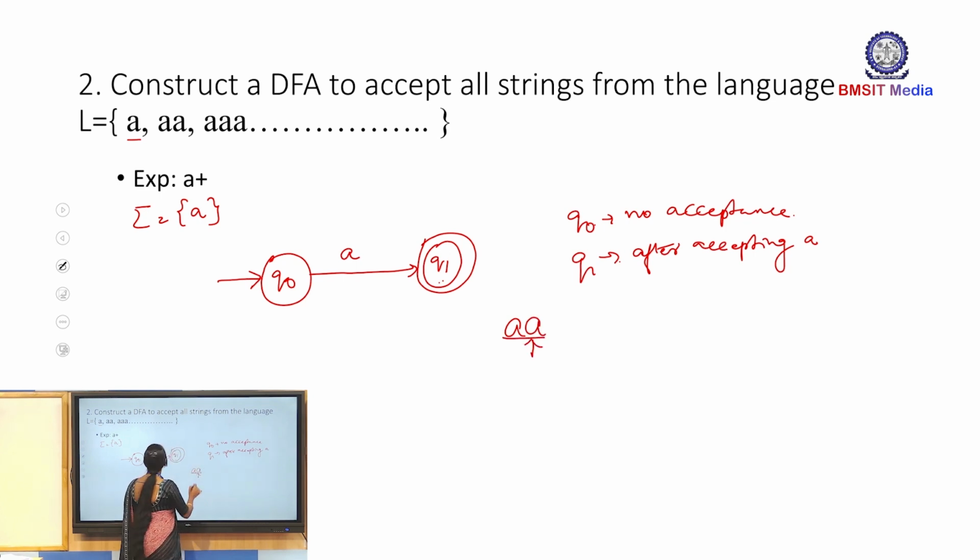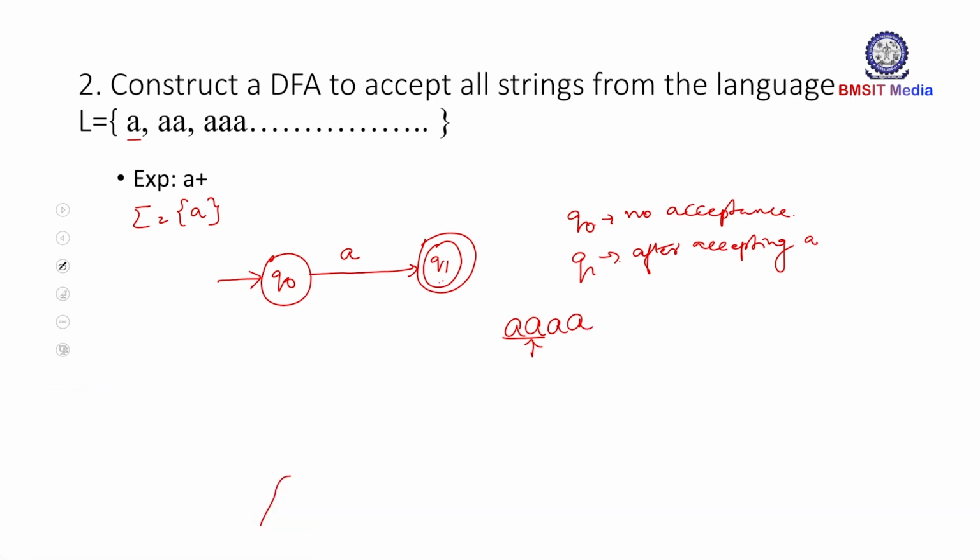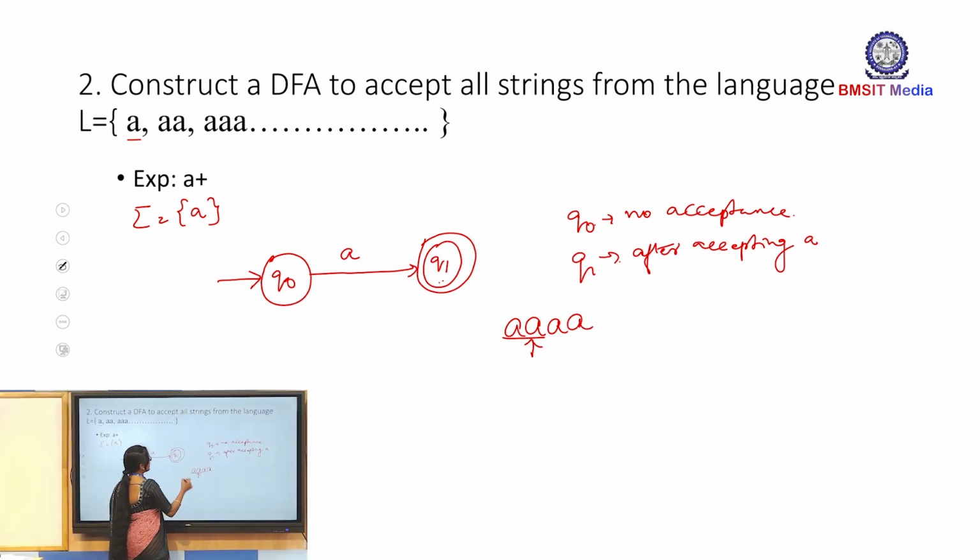This string should be accepted because this is a valid string in the language. Similarly, if I have 3 A's, this should also be accepted. If I have another A here, this should also be accepted. So one better way is to have a self loop here and write A.